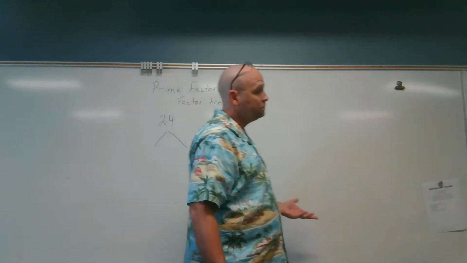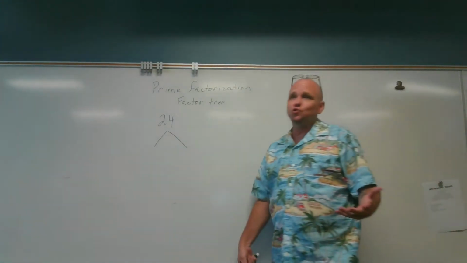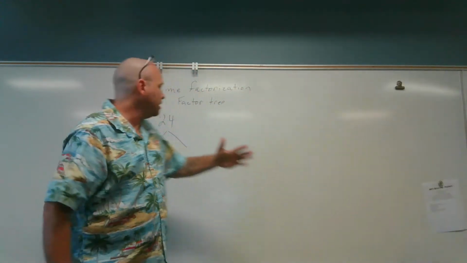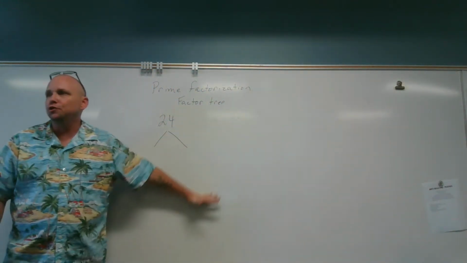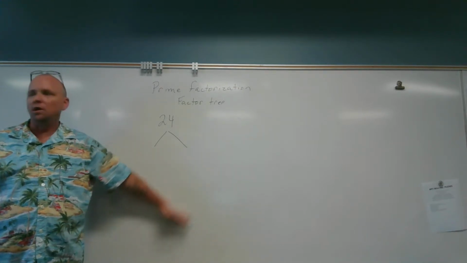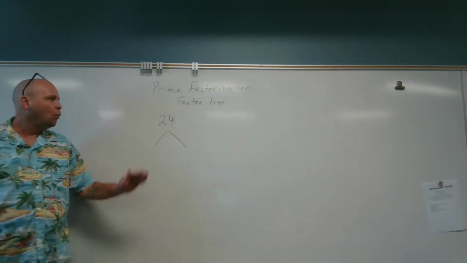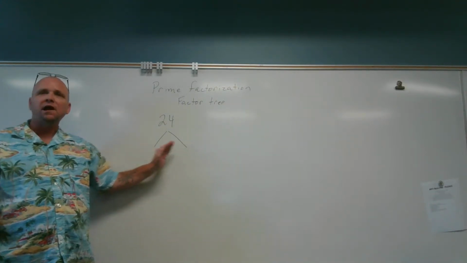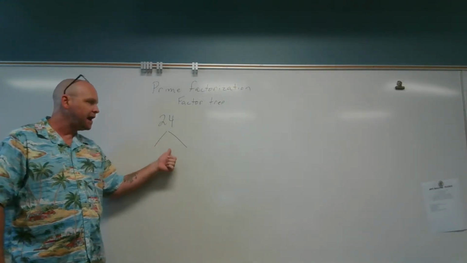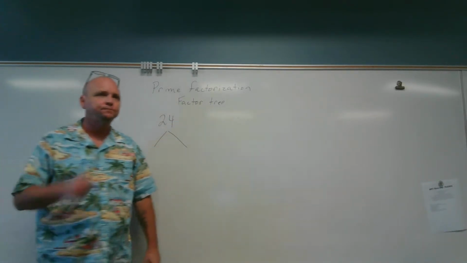There are many. But you can't use one. Nowhere in my factor tree do you have the number 1. It doesn't matter what you start with, as long as the factors have a product of 24.